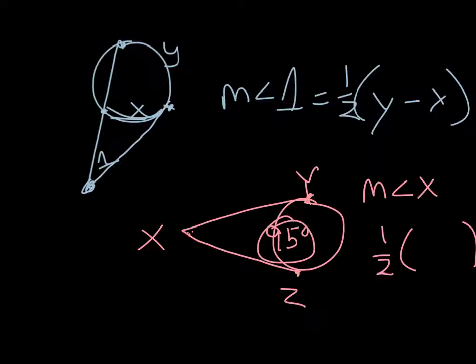But we've only got 95 given. Well, guess what? To get the other piece, that's the rest of the circle. So 360 minus 95 will give you the measure of the other arc. And then you could obviously take the difference of those two and find 1/2 of it. Just wanted to point that out. Hopefully that made sense to you.